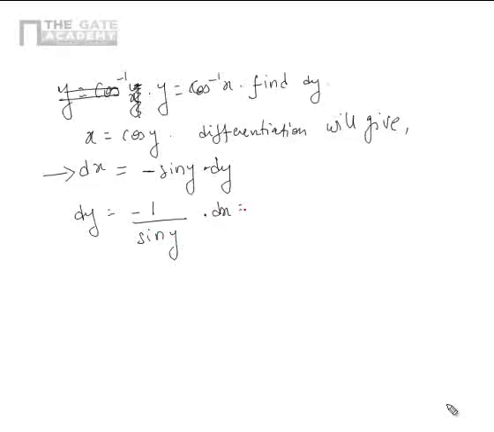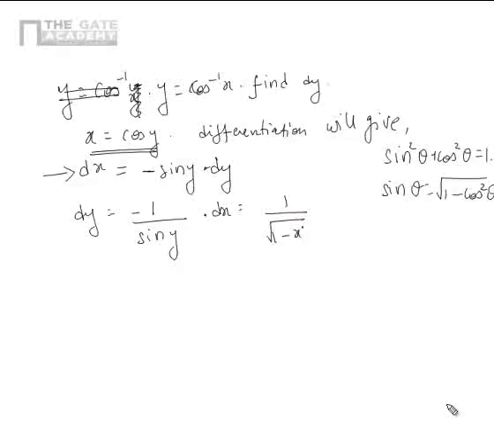That is nothing but, again going from the basics, sin square theta plus cos square theta equal to 1. Therefore sin theta will be root of 1 minus cos square theta. So cos y is x. So dy will be minus 1 by root of 1 minus x square dx.